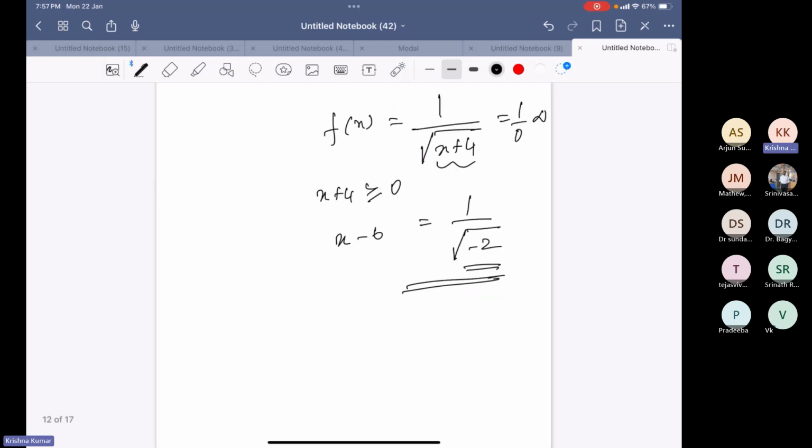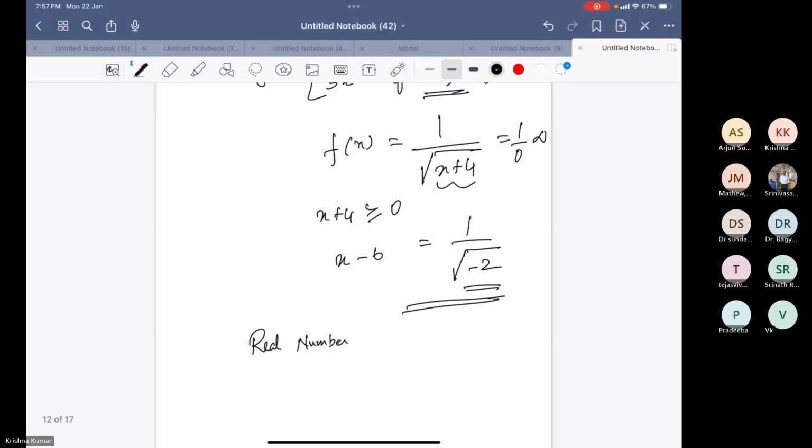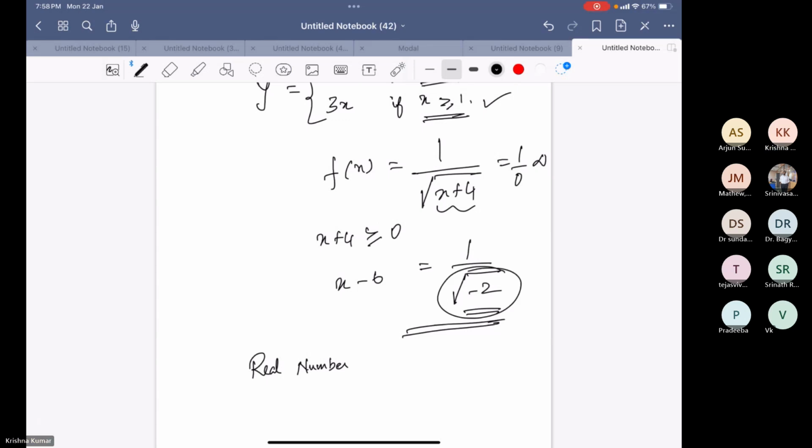So, when we are dealing with what is called real numbers, the natural domain of this function does not include values which will make that square root negative. If I extend my understanding and say that the function of x can also take complex numbers, which we will not introduce now, we will introduce later, then I don't care. Clear?